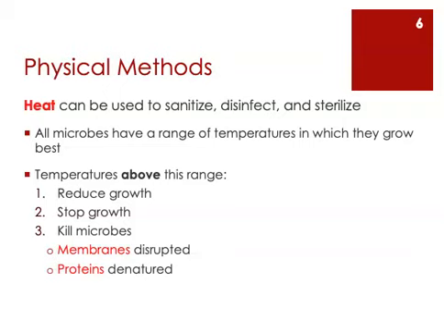So when we use heat to control microbial growth, we're trying to hit temperatures above that range. Now, depending on which temperature we hit, and again, for how long, we can either reduce the growth of microbes, we can completely stop the growth of microbes, or we can kill the microbes. So again, we can tailor heating towards what end point we're trying to reach.